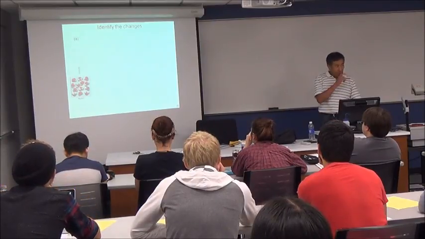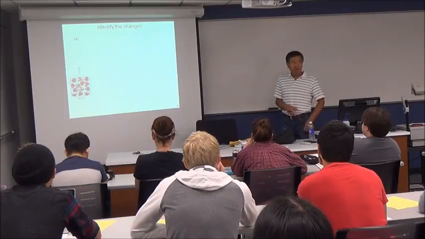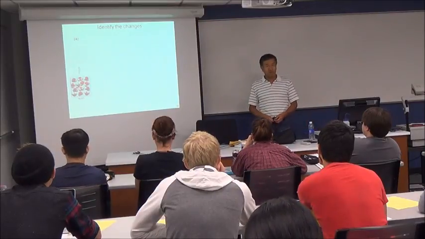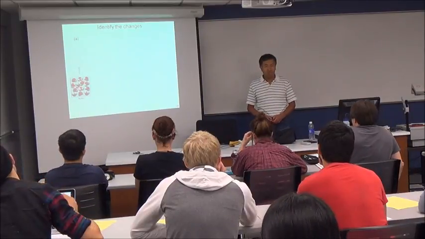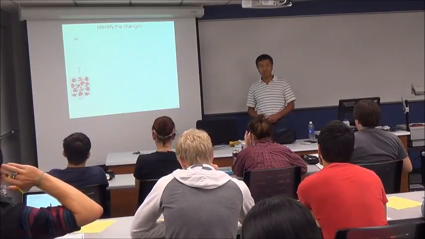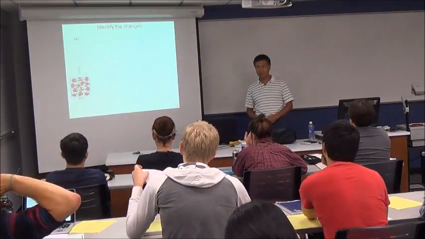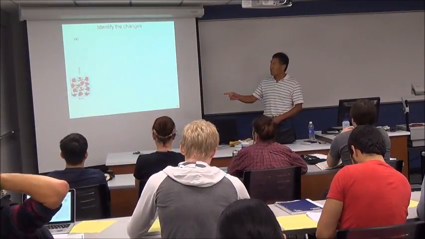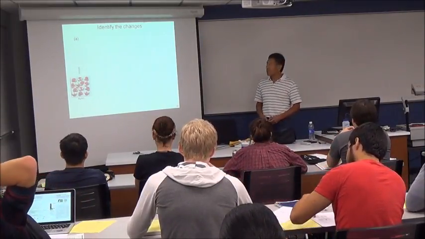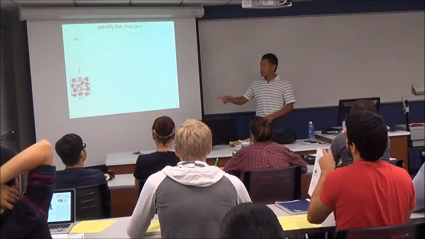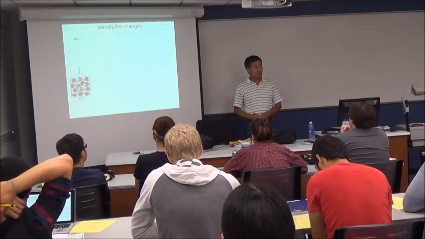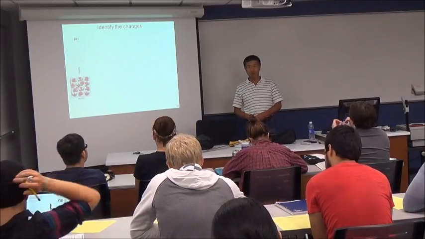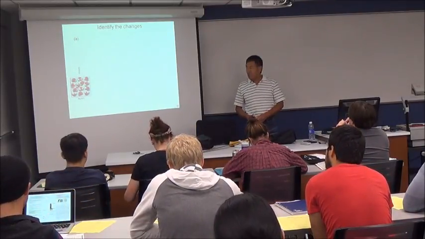Okay. I think we will see some examples. From the examples, you will see whether the chemical bond changes or not. If you don't have a chemical bond change, your process is a physical process. So I have a few examples. You want to identify the change. I will start with the starting material, which we call the reactant.